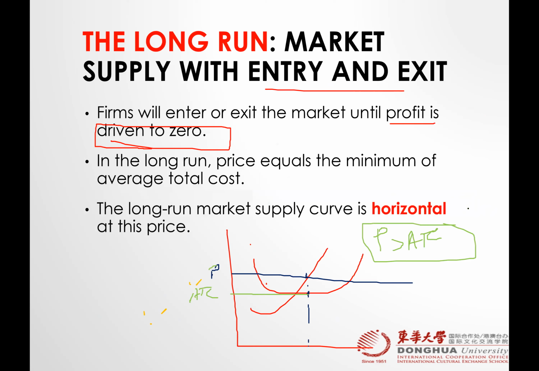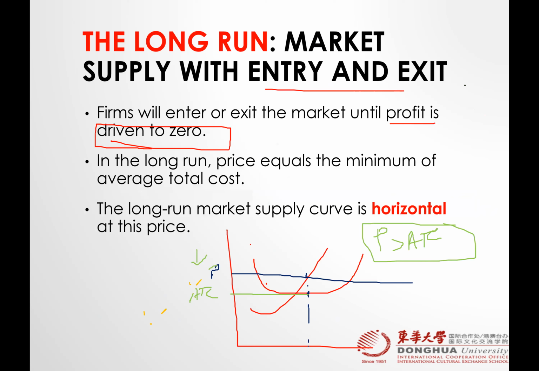More firms will enter the market. Now, this will create a downward pressure on the market price because with more firms coming to the market, people have more quantities of products, right?